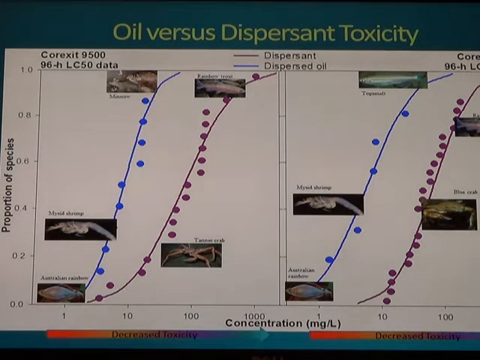And the dispersed oil, so the dispersant plus oil, is indicated by the blue line, and you can see that even for those very sensitive species, dispersed oil is more toxic than the dispersant alone. And for the most part, we're talking about slightly to moderately toxic for most of the species that were tested. So this was 9500 and this was 9527, which was a little bit more toxic than the 9500.